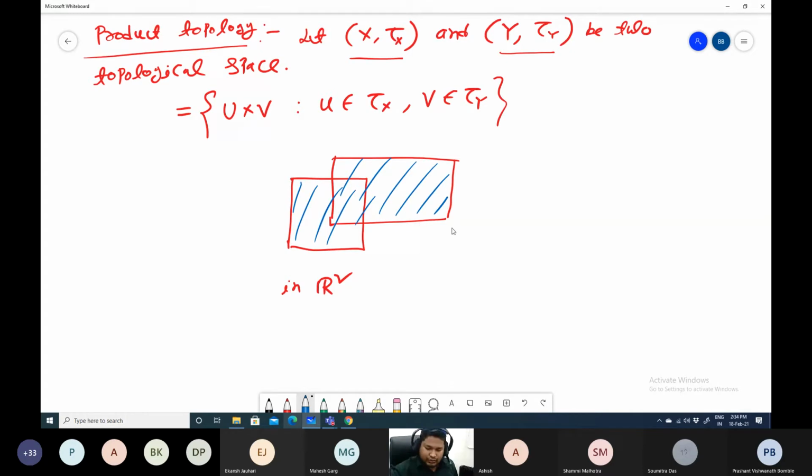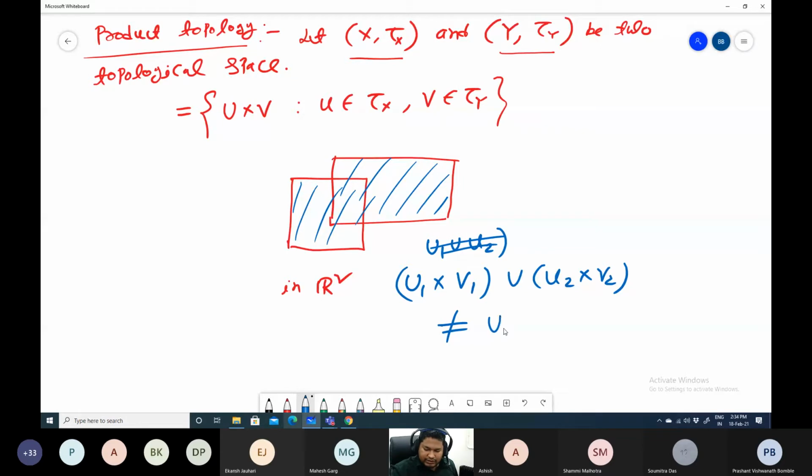If you take U1 product V1 union U2 product V2, now this cannot be equal to some U3 cross V3. That is generally not equal.